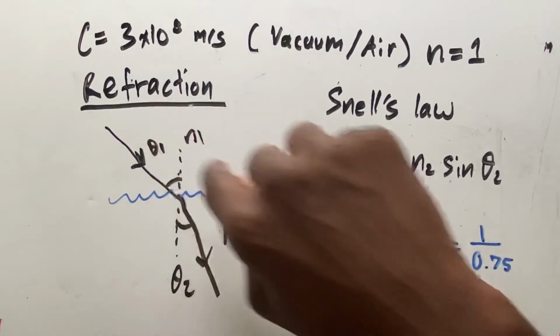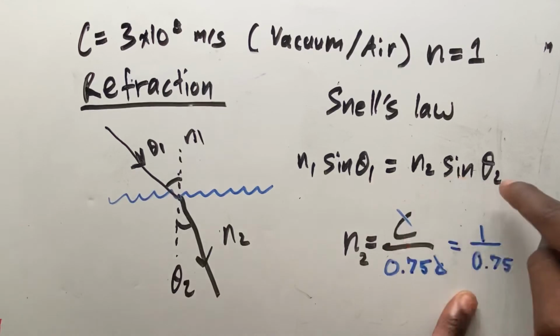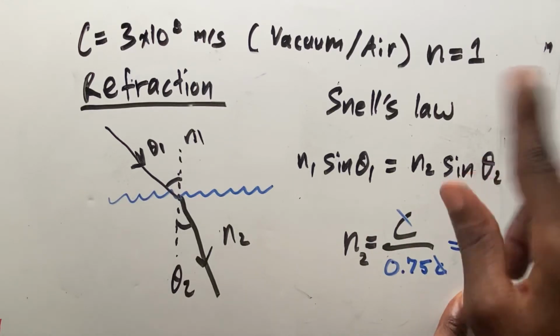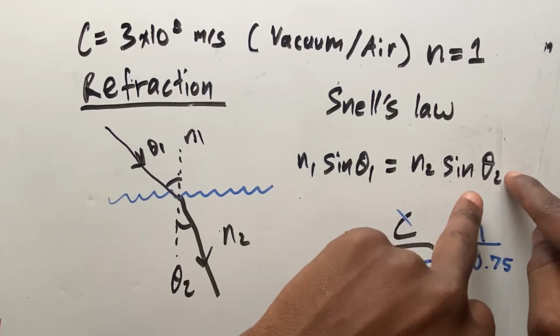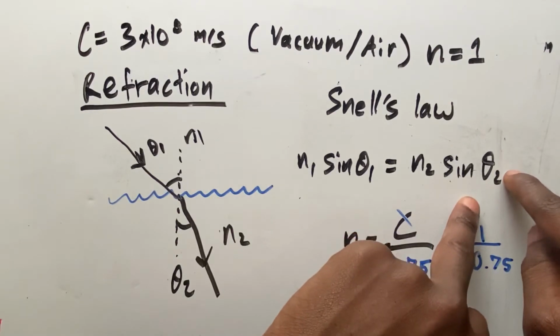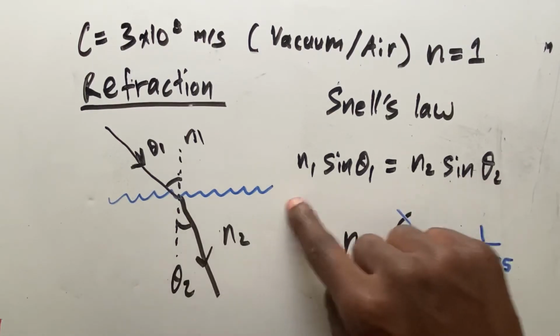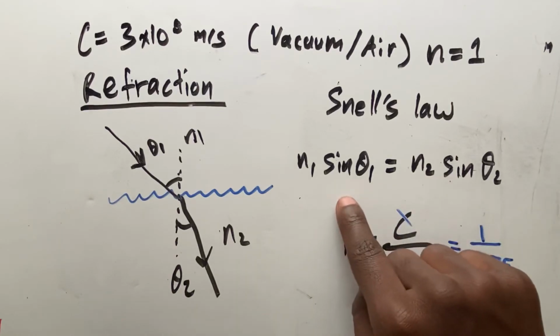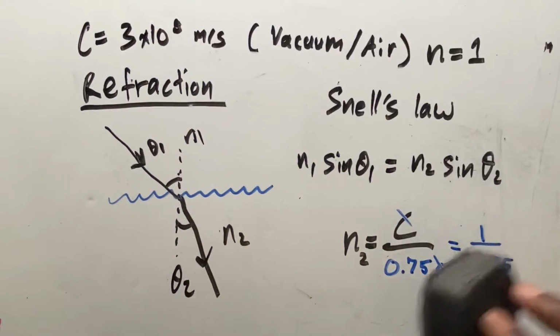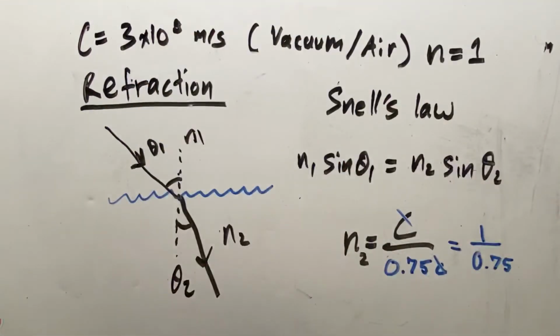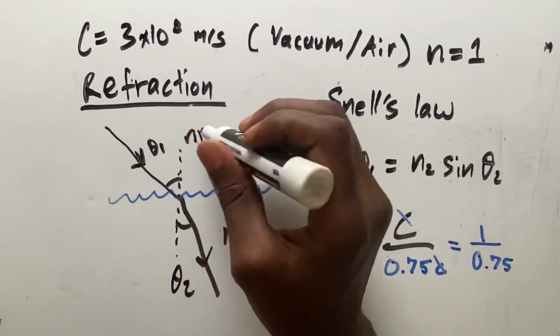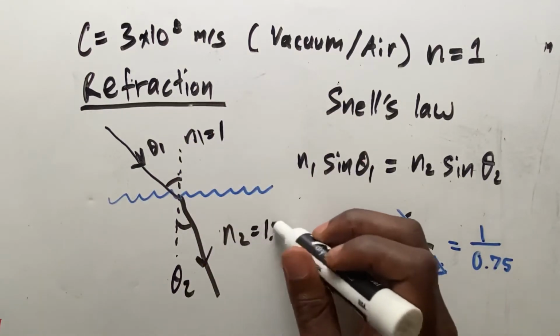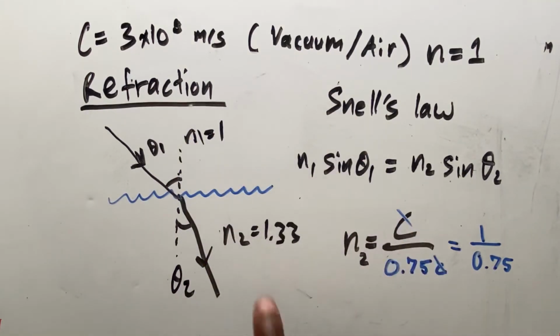So if we know what N1 is, we can solve for N2, or vice versa. If we know N1 and N2, then we can find theta 1. All right, let me do an example with some numbers so that it's a little clearer. N1 equals 1, N2 equals 1.33, where I got this from dividing those two.